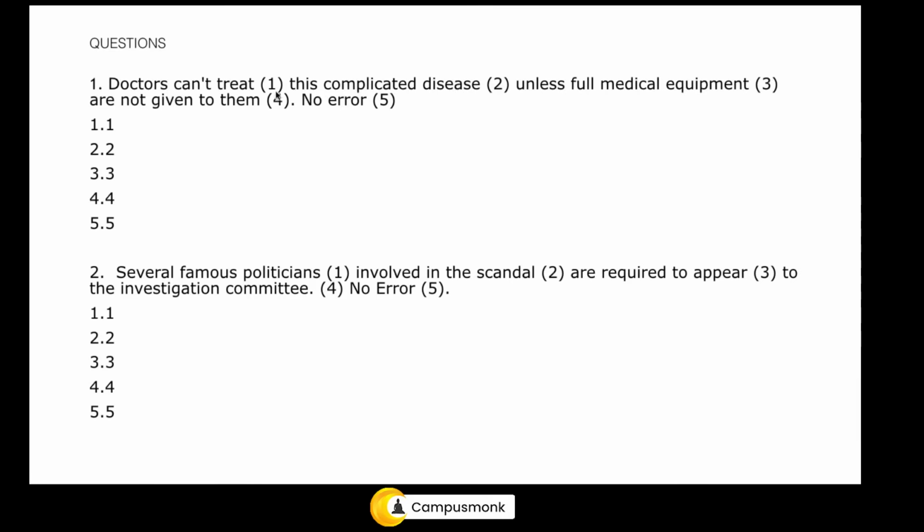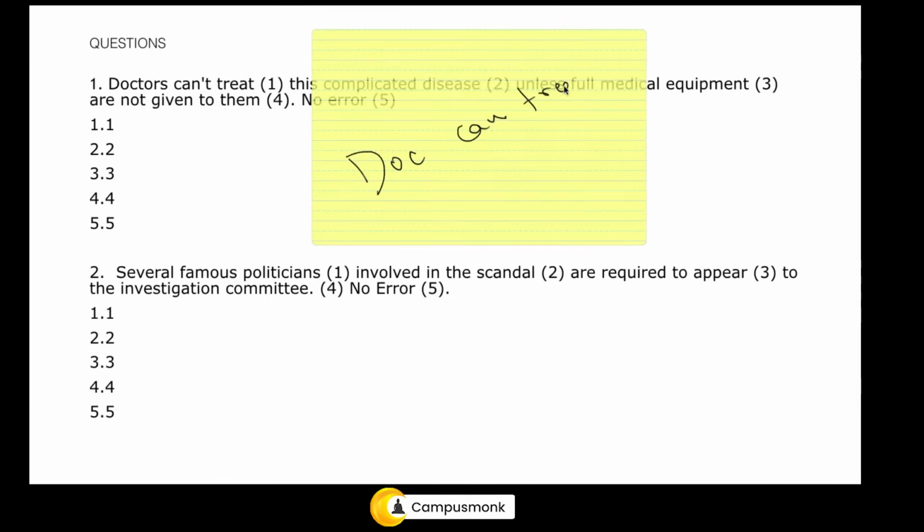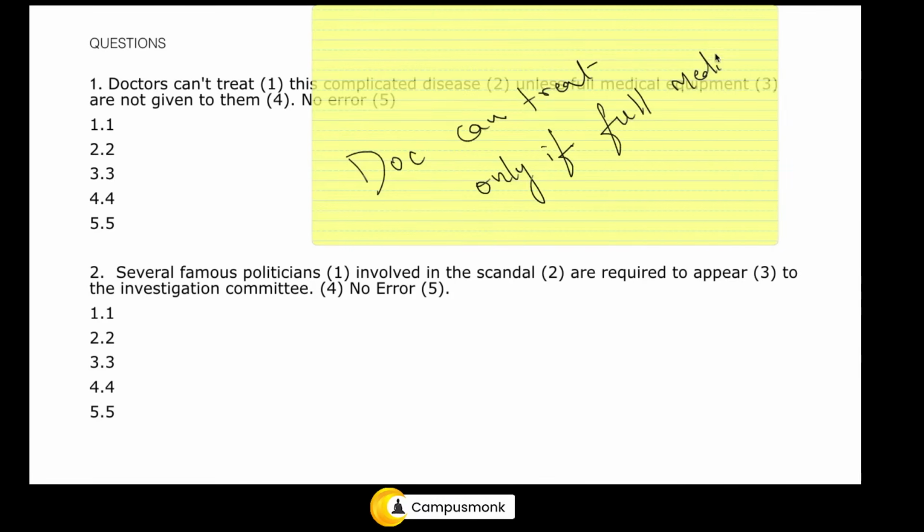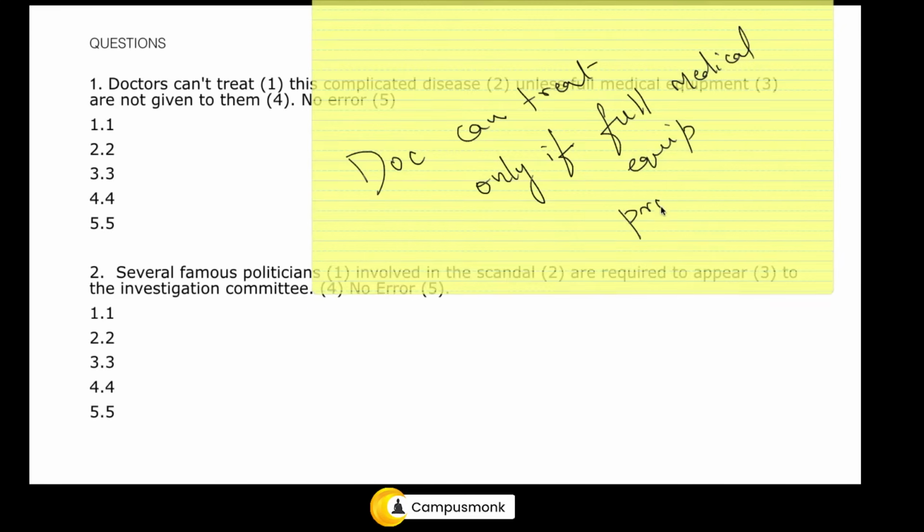So if we look into the question, it says doctors can't treat this complicated disease unless full medical equipment are not given to them. Overall, it means doctors can treat only if full medical equipment is provided.